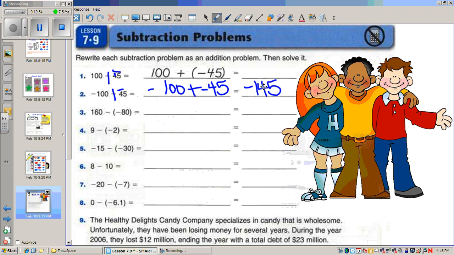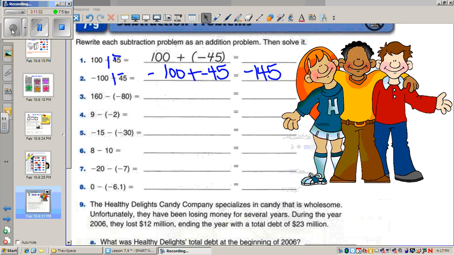But what would my top answer be? Because I have more positive than negatives. Right, I'll do one more with you to see if you get it, and then we'll move on from there. Okay, in the middle here on number 3, I have 2 negatives. Again, can't have 2 negatives, going to make them positives. So that is now 160 plus 80.